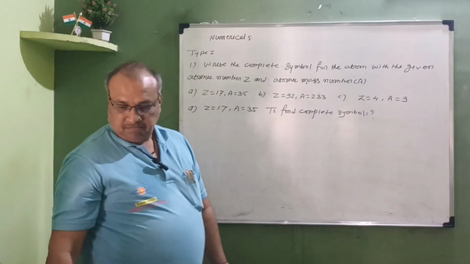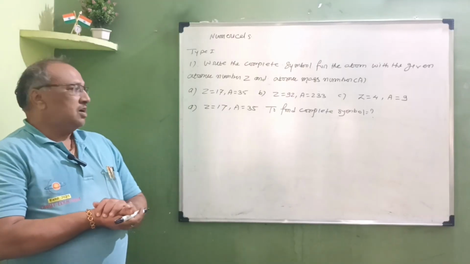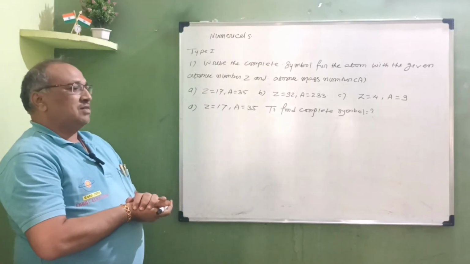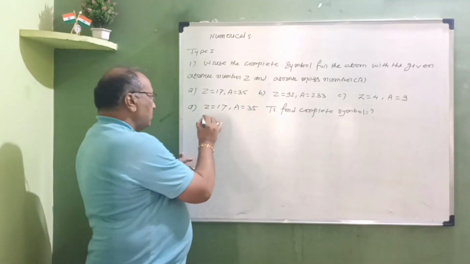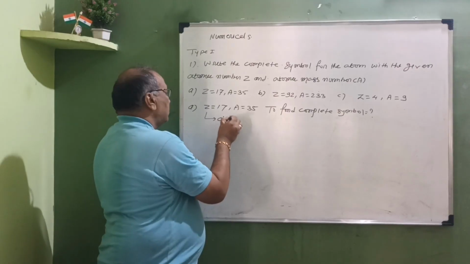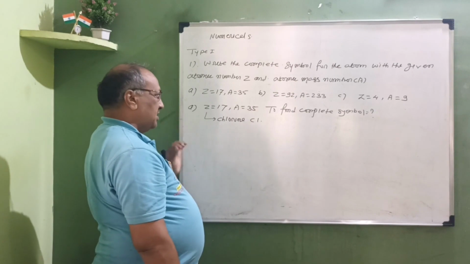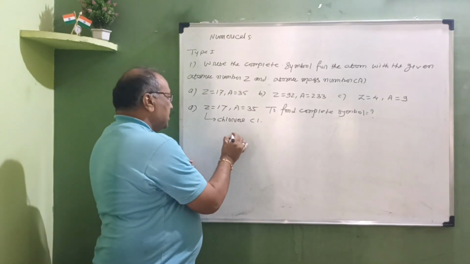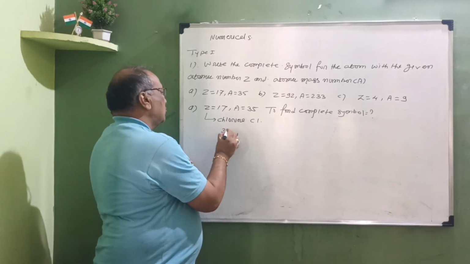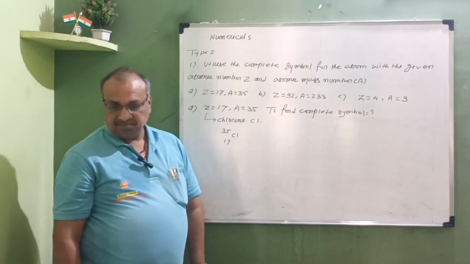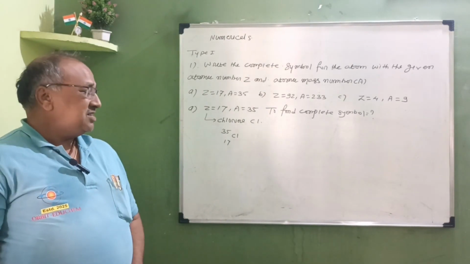Now here the atomic number Z is equal to 17, which is the atomic number of chlorine, and the symbol for chlorine is Cl. That means here the complete symbol is 17Cl35. Then next, the symbol for atom is 17Cl35.